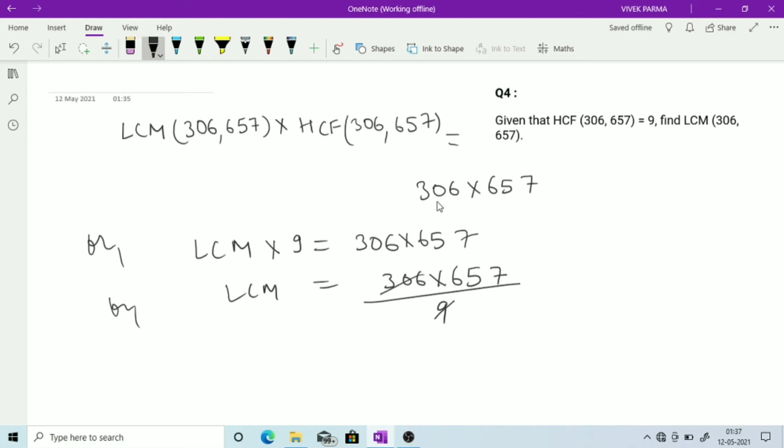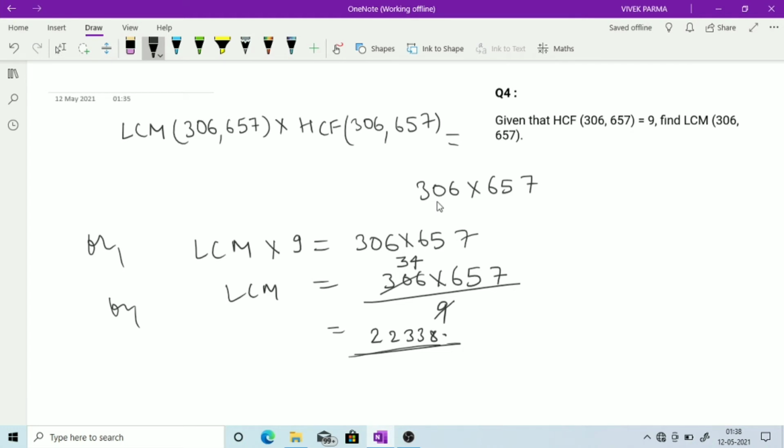And this will cancel out by 9, giving 34, and here will be the product of 34 and 657, which will be 22338, right? So this will be the LCM of the given two numbers 306 and 657.